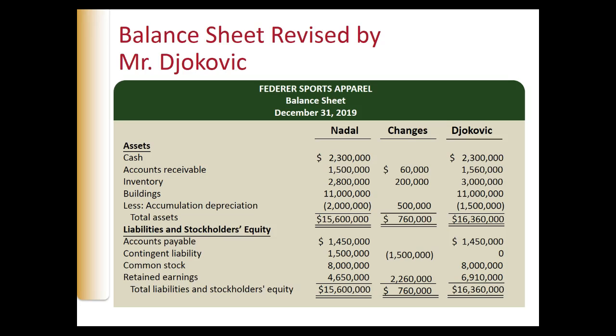Total assets increase due to increases in receivables and inventory, plus a decrease in accumulated depreciation. Total liabilities decrease due to the elimination of the $1.5 million litigation liability. Stockholders' equity also goes up due to the increase of retained earnings caused by the increase in reported net income.